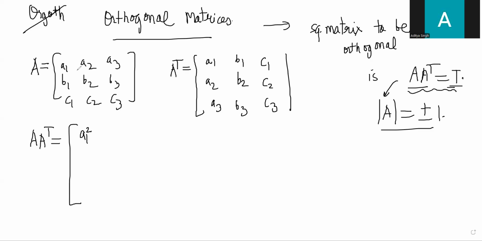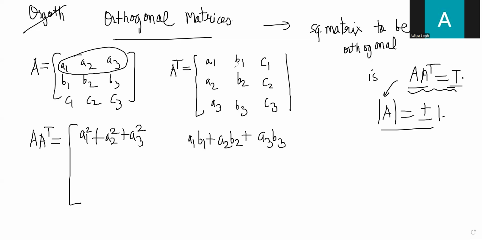You will realize that first term will be this first row into first column. A1 square plus A2 square plus A3 square. Then there are other things A1 B1 plus A2 B2 plus A3 B3. This is the second row, right? This multiplied by this we have done, correct?